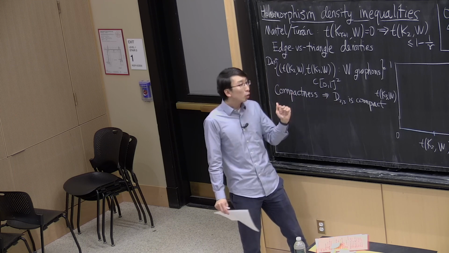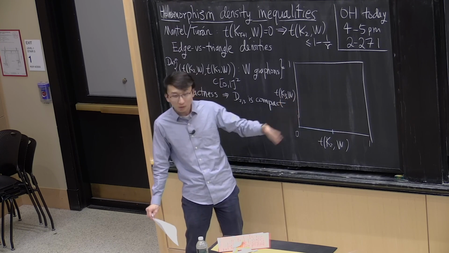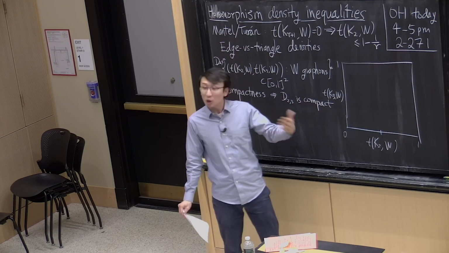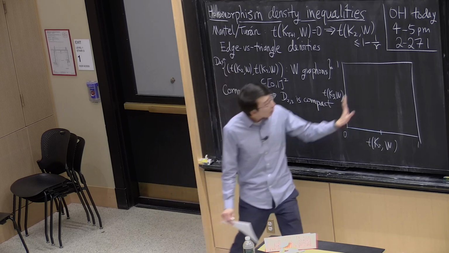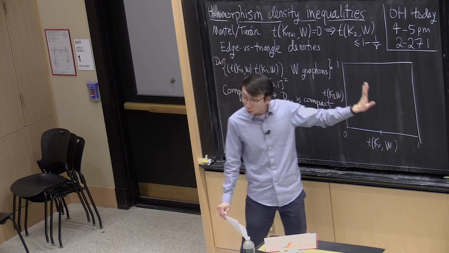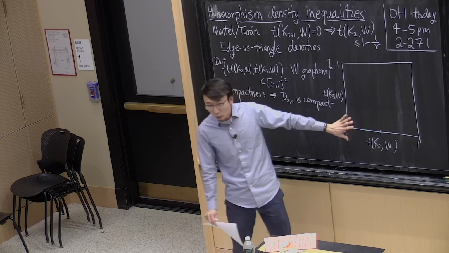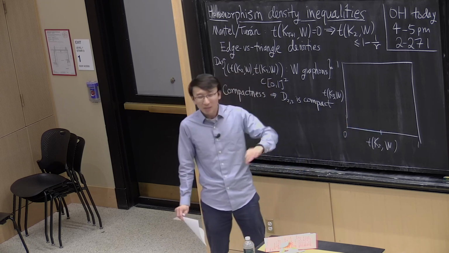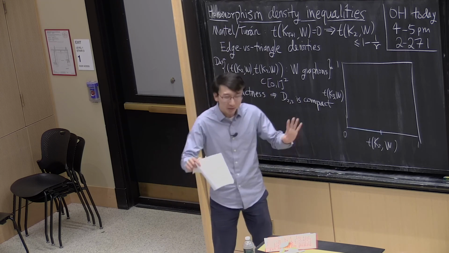In particular, if you have some limit point of some sequence of graphs, that limit point is achieved by a corresponding limit graphon. So you really have a nice closed region over here. I should be able to tell you the answer as, this is the region. There should not be any additional quantifiers, such as up to measure 0, missing this point, missing that point. It's a closed region. So what is this closed region?